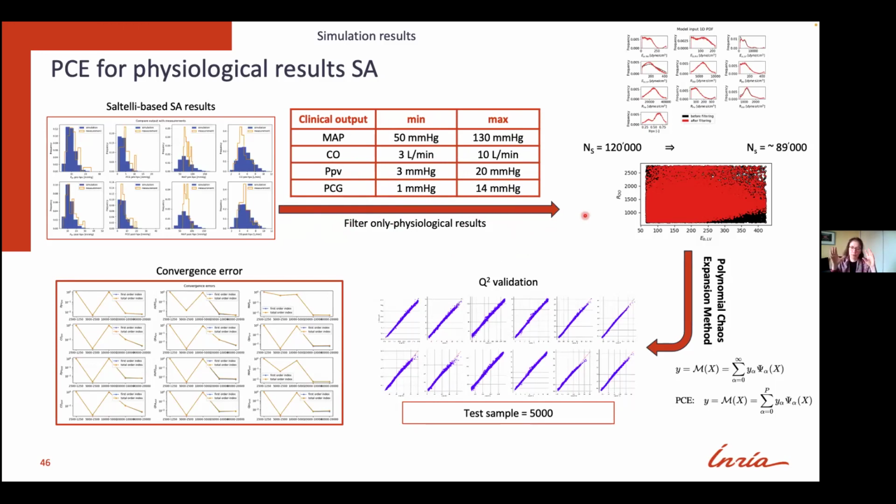With this trusted information, we used the polynomial chaos expansion method to build a reduced model that maps these input parameters to the outputs. So here we no longer use the ODE model, but a polynomial chaos expansion that is built on the trusted values. And it works well, and it's very efficient.